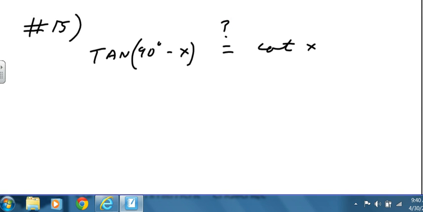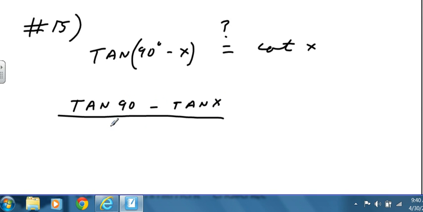Okay, well, the tangent of a difference is tangent of 90 minus tangent x, divided by 1 plus tangent 90 times tangent x.